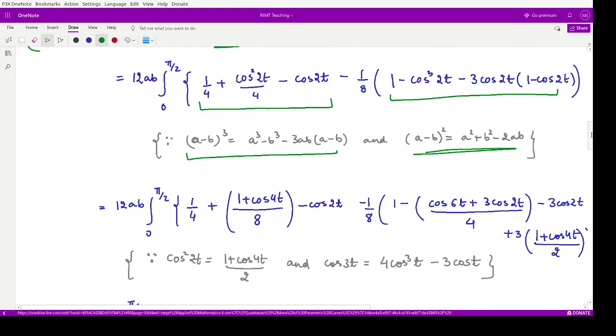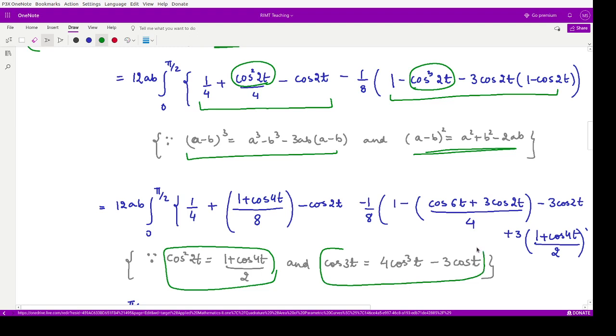So next, I have again substituted this quantity, because you cannot perform this integration of cos square 2t. So here, instead of this cos square 2t, I have substituted 1 plus cos 4t divided by 2, the double angle formula. And here, instead of this cube term, because you cannot perform the integration of cos cube 2t, I have used the triple angle formula for cos 3t.